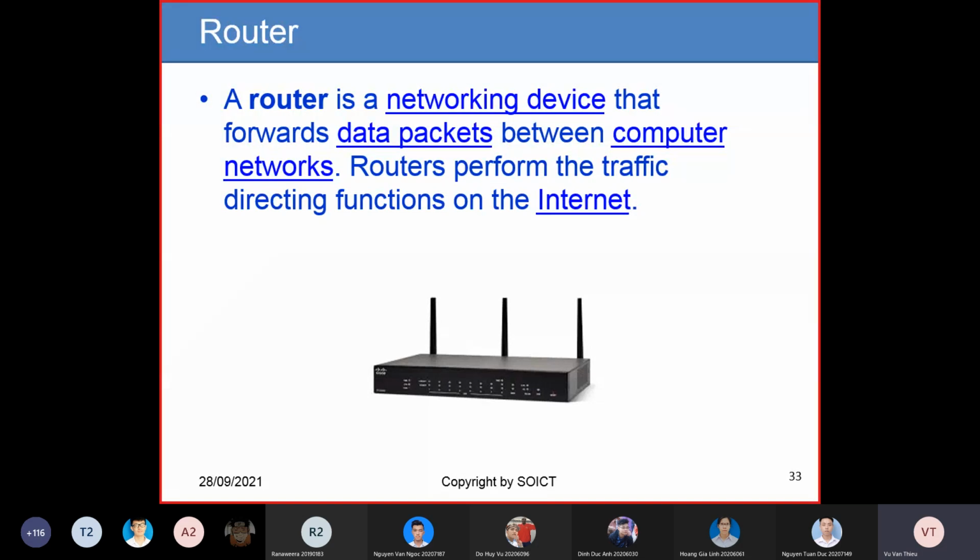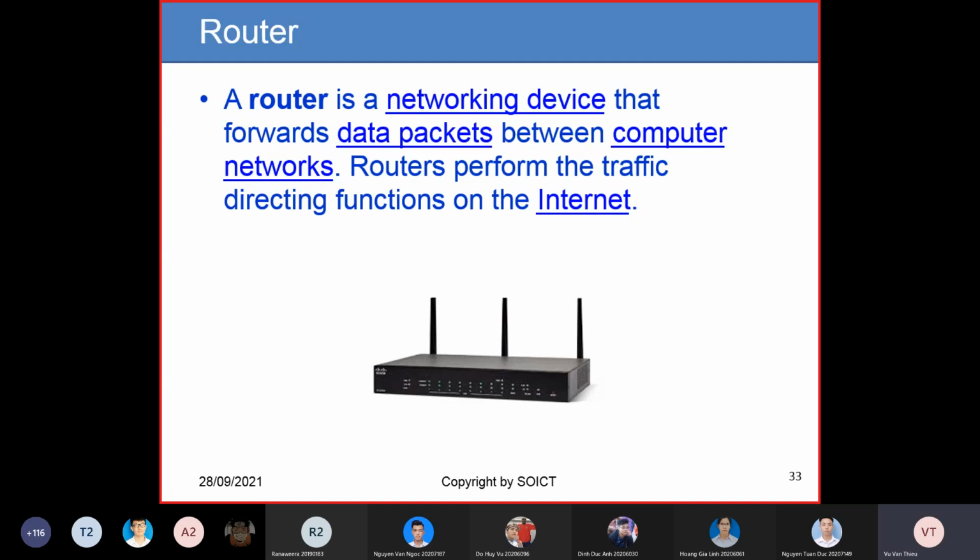So we need a router. A router is a networking device that forwards data packets between computers. When I type the email address of my friend, or the name of Facebook, it includes the address.